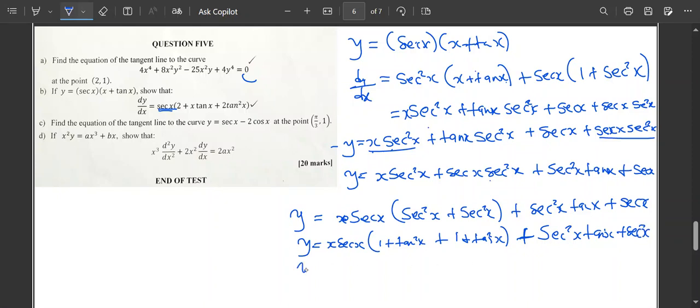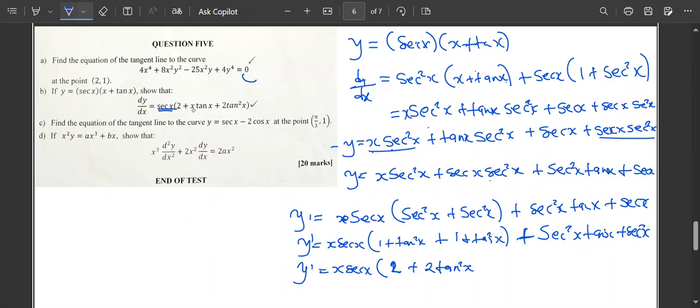Now y prime prime prime prime is equal to x sec x. Then we have this and that, that is 2, plus that, that will be 2 plus 2 tan squared x. Then from there, what are we going to do?